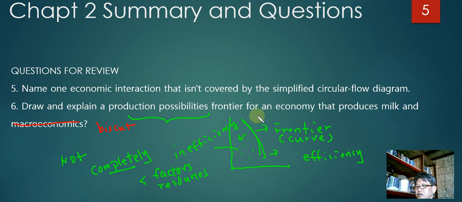Contrary, if the point is located outside this frontier, we call this a non-production area. Impossible. Production cannot be implemented at this point because of limited factors.